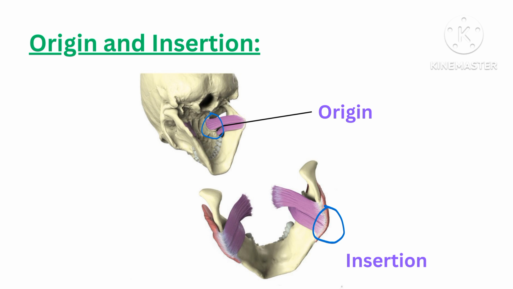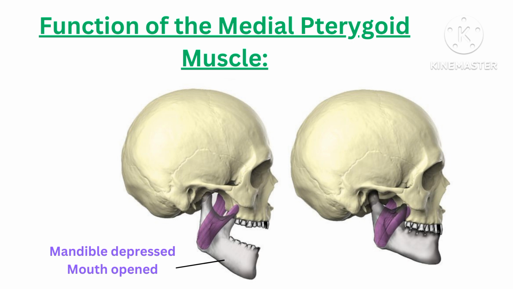Upon bilateral contractions, the medial pterygoid muscles push the mandible forward, protruding the mandible. By contracting on one side, the medial pterygoid pushes the mandible to the opposite side. This muscle also contributes to the elevation of the mandible, acting as a synergist to the temporalis and masseter.